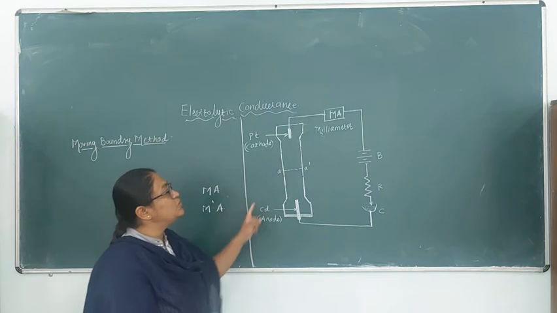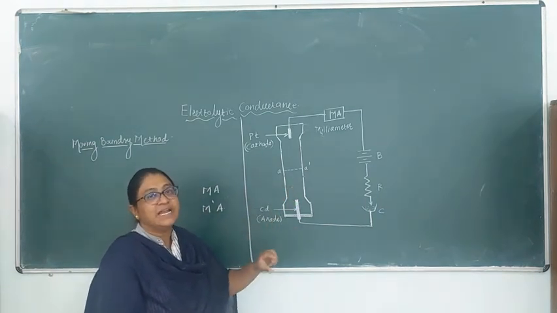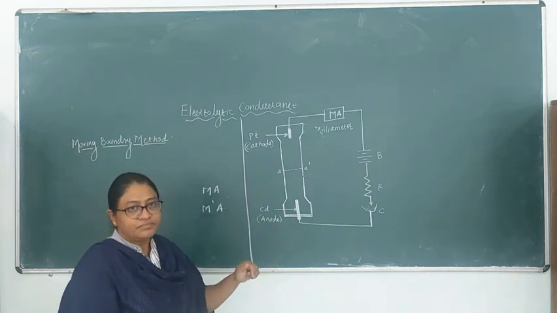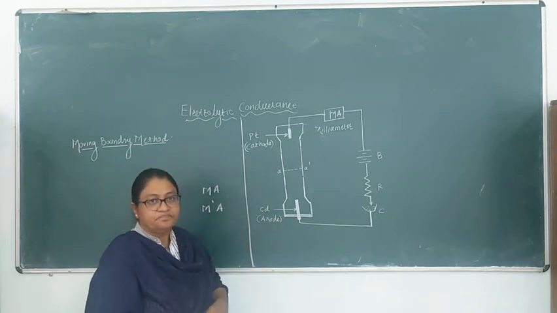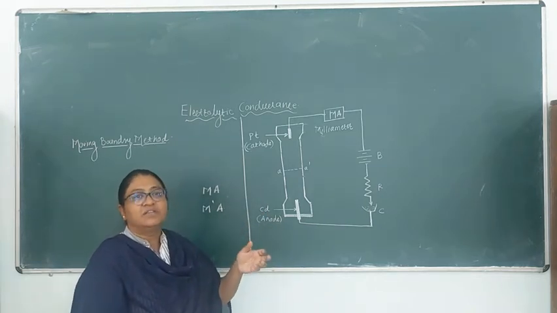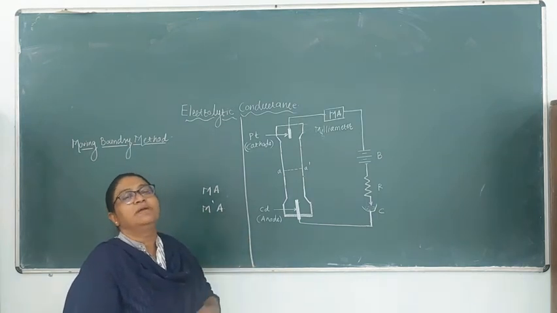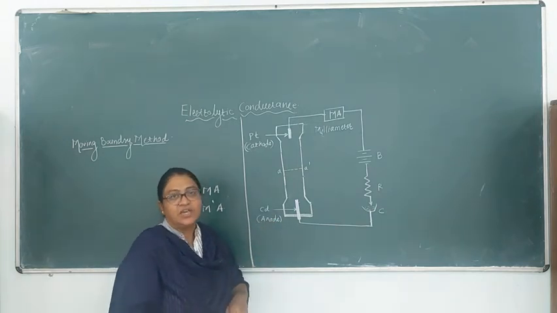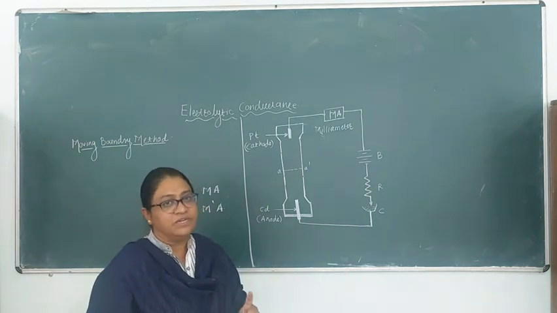The solutions taken in this tube must leave a boundary between them. For that, the two solutions must have different refractive indices, and that is why a boundary is visible between them. Also, the solutions must have a density difference between them.